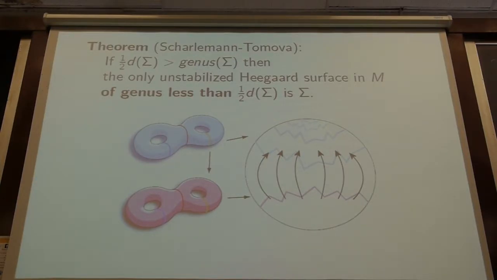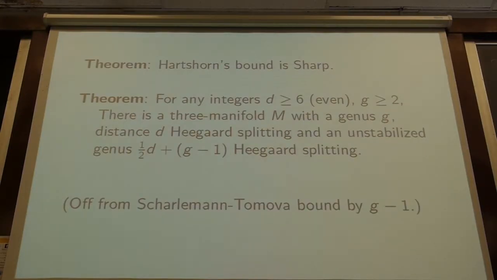So the theorem that I'm going to talk about today, well, two theorems. So first, Hartshorn's bound is sharp. That is, there are Heegaard splittings where you also have a low genus incompressible surface whose genus is exactly equal to the bound that Hartshorn gives you.